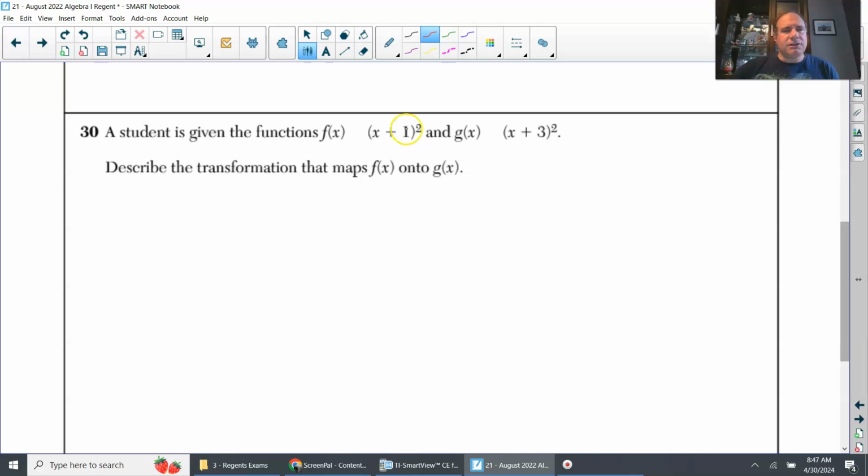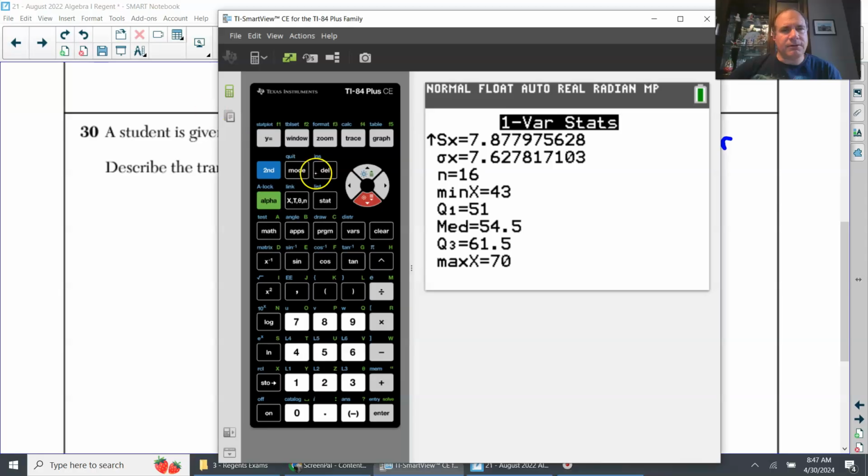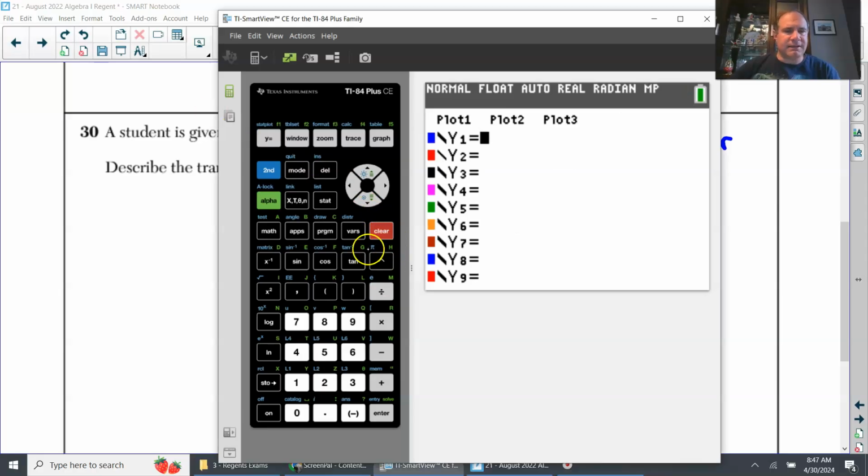Student given the function, let me just put down the equal signs and calculator. All right, let's go. Calculator. So we're going to press Y equals. We're going to clear out the absolute value, and we are going to put the X plus 1 squared.